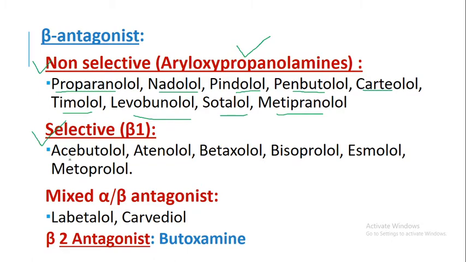Selective beta 1 are acebutolol, atenolol, betaxolol, bisoprolol, esmolol and metoprolol, and mixed acting alpha and beta antagonists are labetalol and carvedilol.